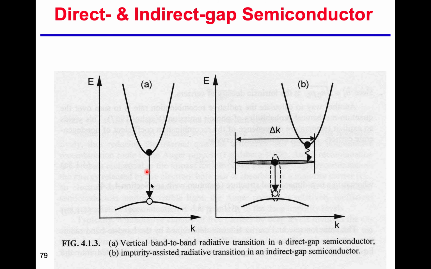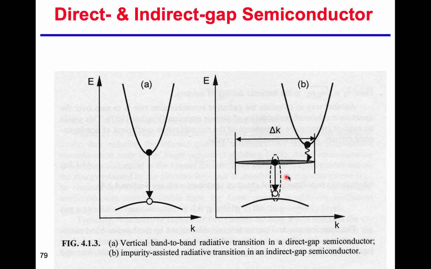The red band gap is the indirect band gap, and note that when the electron goes down, it will release the energy. Also, the momentum of the photon is very small. So basically, only the vertical transition in K-space is much preferred due to momentum conservation, okay?